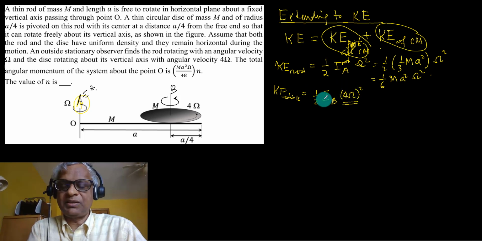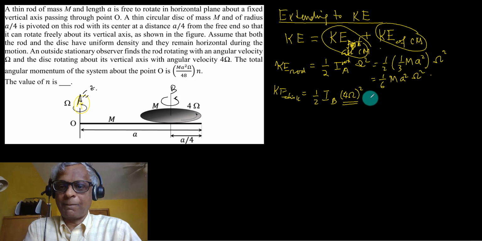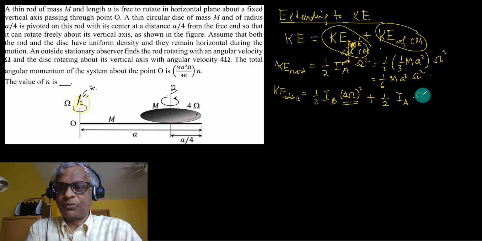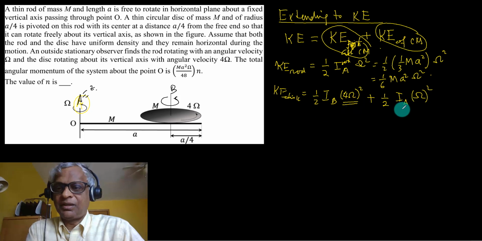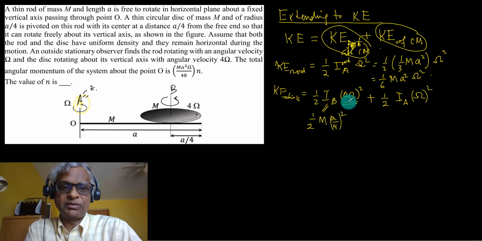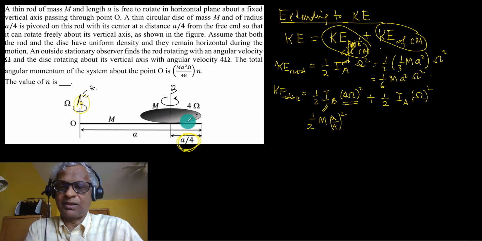So this rotation is 4 omega square, plus 1/2 I about this axis A, omega square. Now this one is simply 1/2 m (a/4) square. That's the radius of the disk.